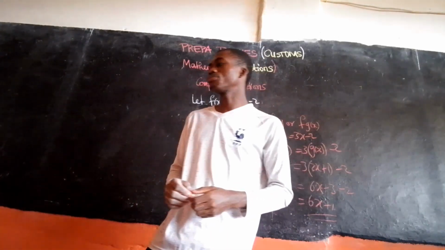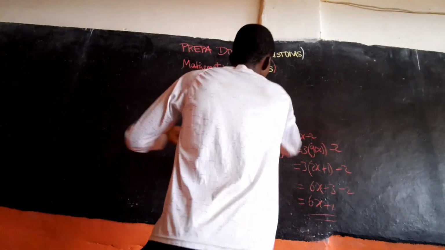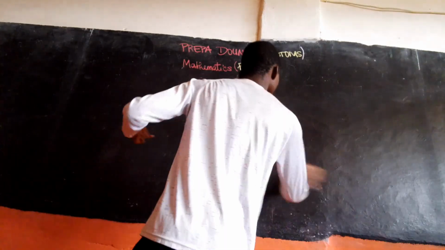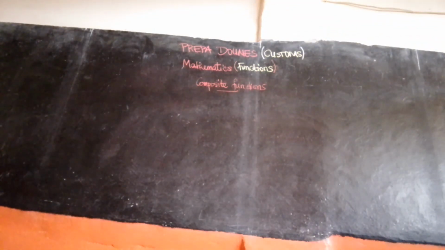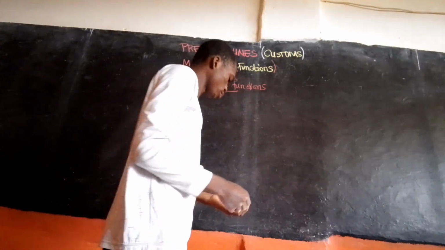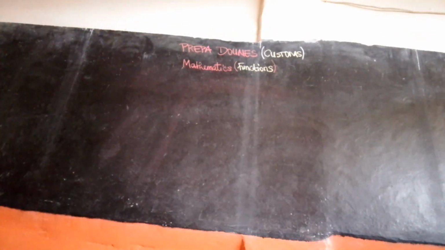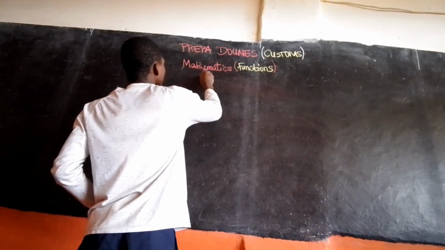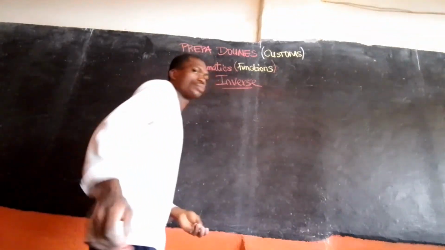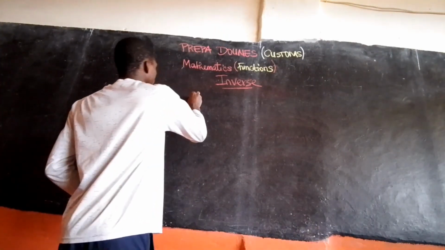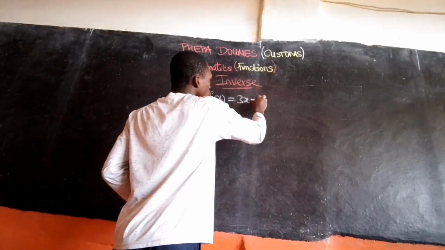There are 3 steps. The inverse of a function, let f of x be equal to 3x minus 2.